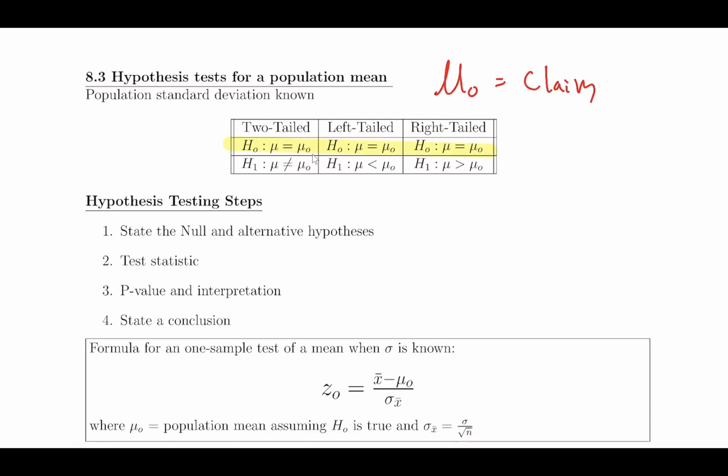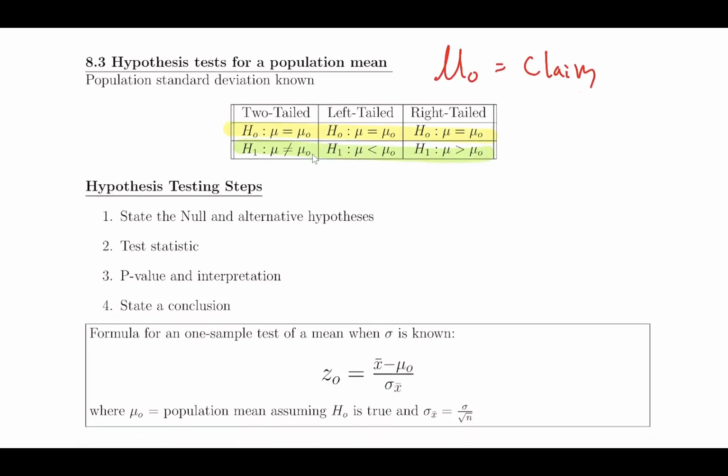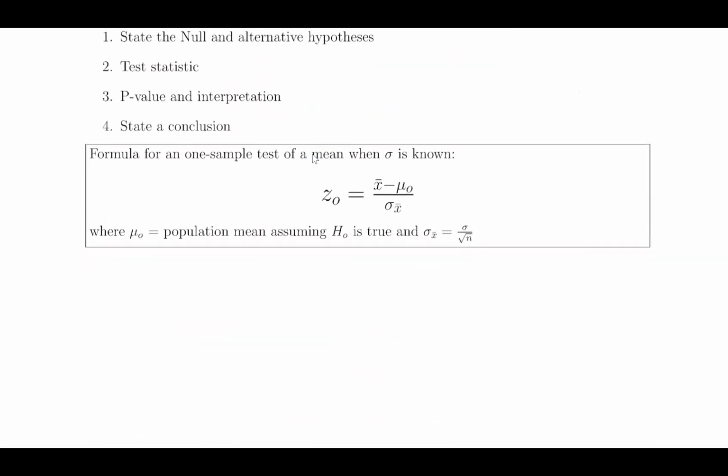What's going to change is our alternate hypothesis, where we're either going to say not equal to, less than, or greater than. Any questions on the null and alternate hypotheses for the population mean?